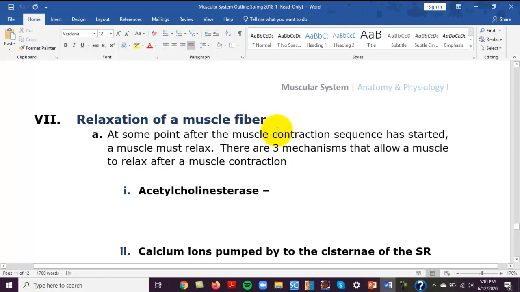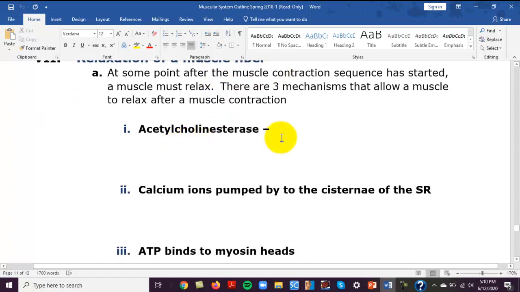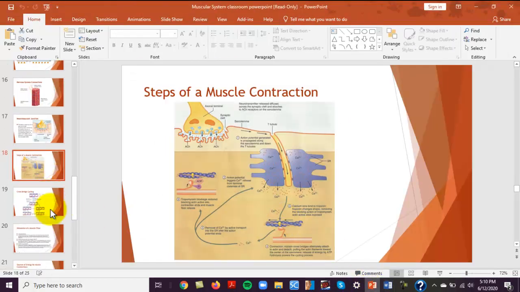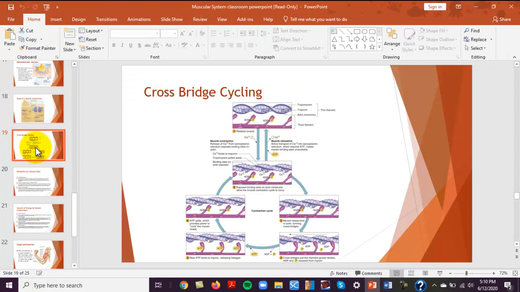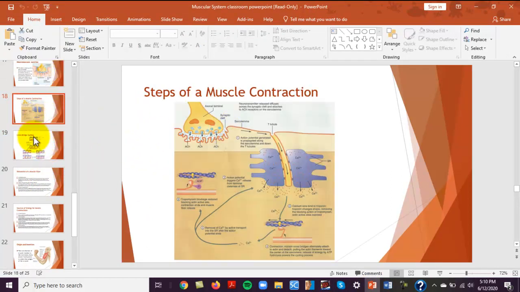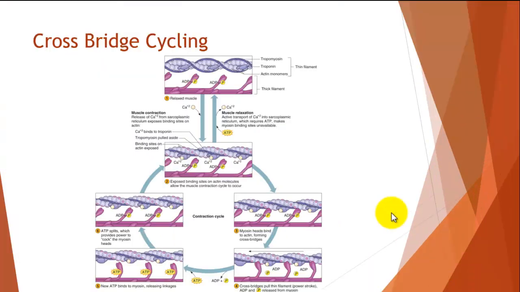These right here are talking about how the muscle fiber relaxes. Acetylcholinesterase. I know there's a blank here, but that's an enzyme that breaks down acetylcholine. That picture is in your PowerPoint, and this information is going to be in your PowerPoint too. I apologize for the small font. But see this?